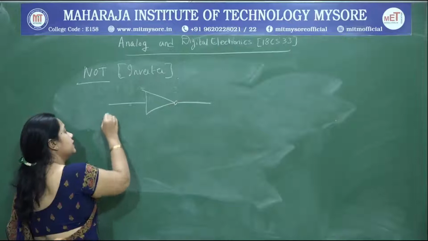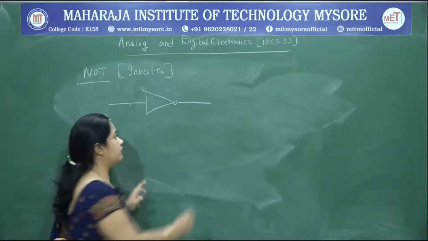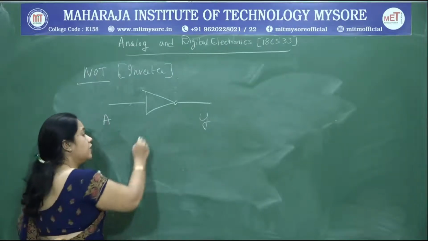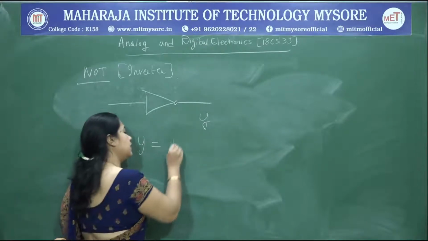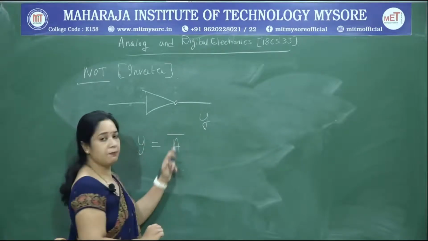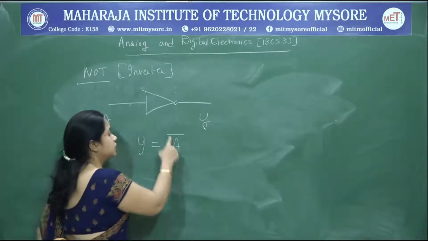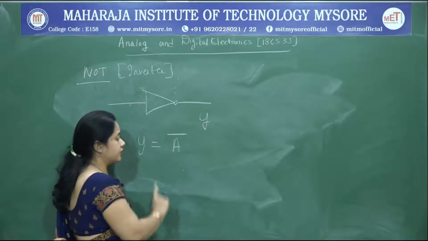If I use the literal A as the input and call Y the output, then because it is an inverter, Y is the inversion of the input and we represent it as A bar, indicating that the output is the inversion of the input. So this designation indicates A bar or A inverter.